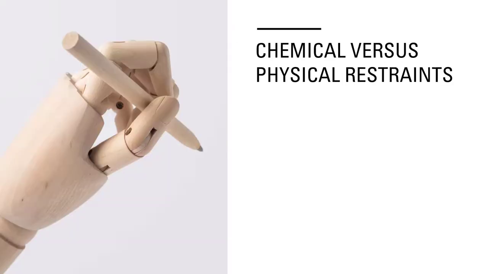Right. So when we look at, okay, all states have mandatory reporting laws for abuse. As nurses, we are obligated to report suspicion and confirmation of abuse. So look at these chemical and physical restraints. Chemical restraints are medications.